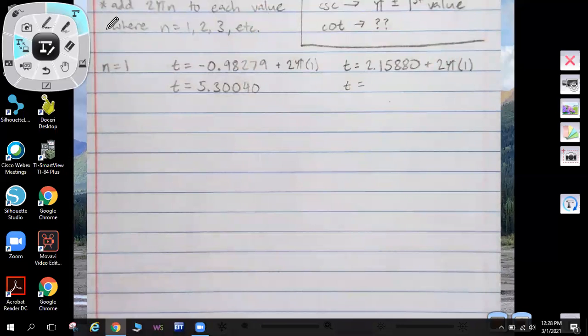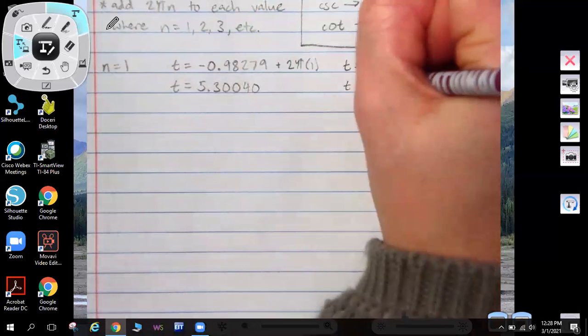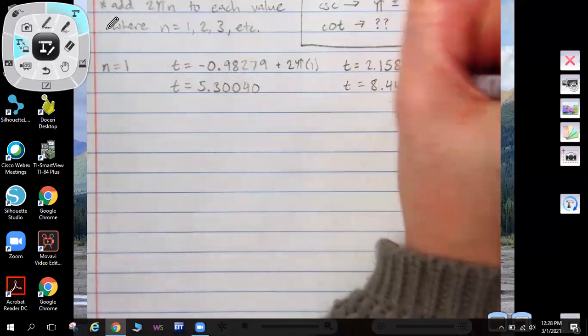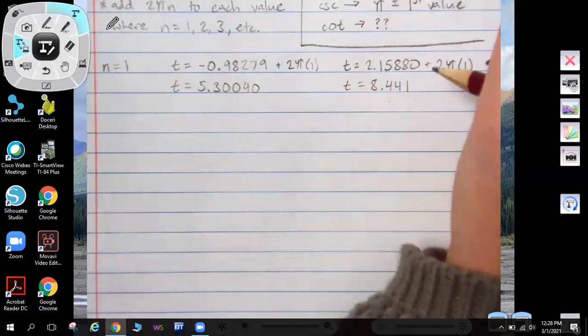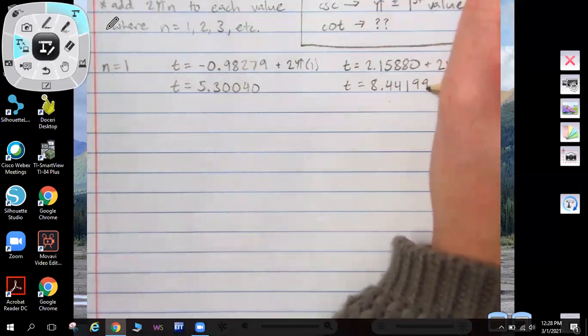For the second one, 2.15880 plus 2 pi, 8.44199.